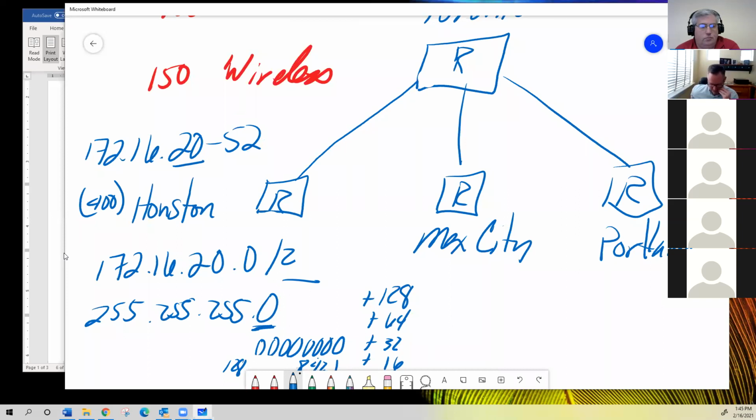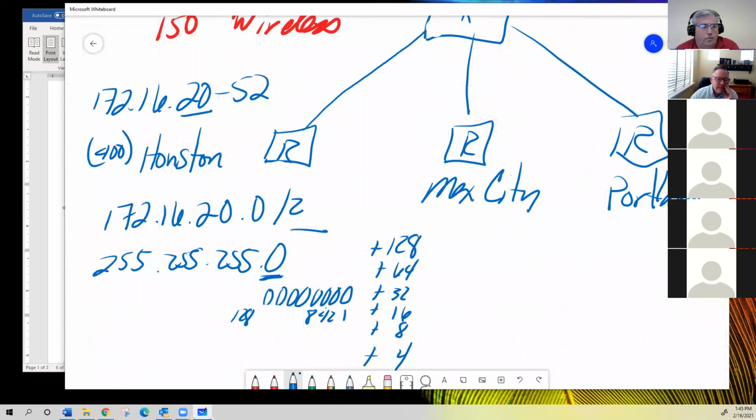Okay, gotcha. So now we need to do a different mask. We need to change this mask from a 255.0 to 254.0. What is the CIDR notation for that now?